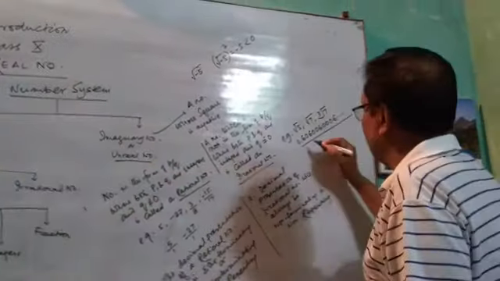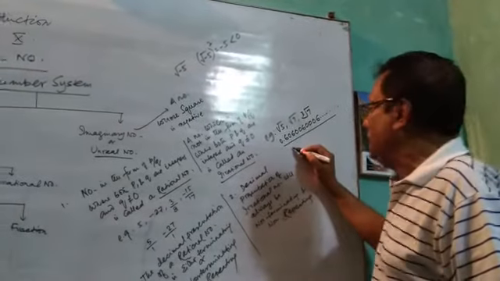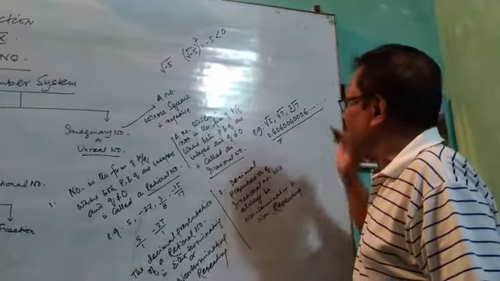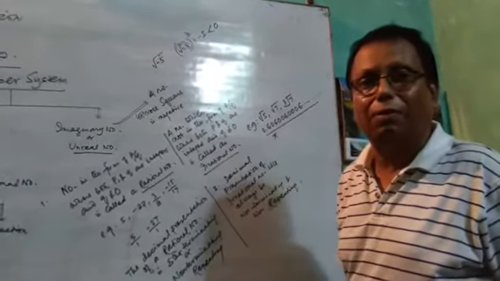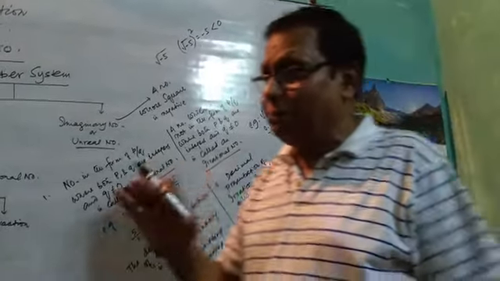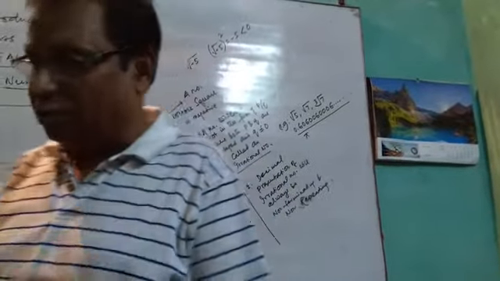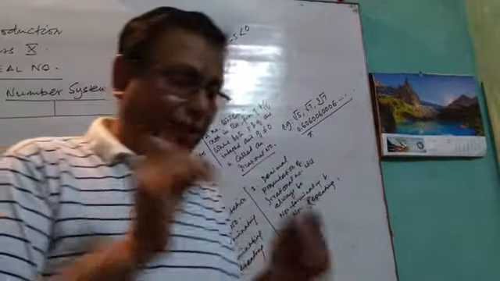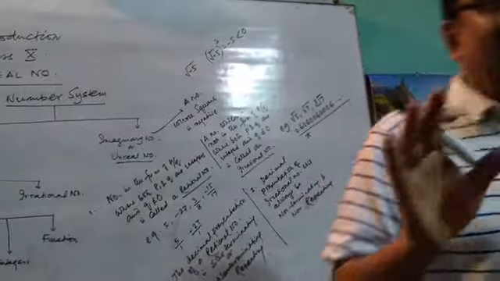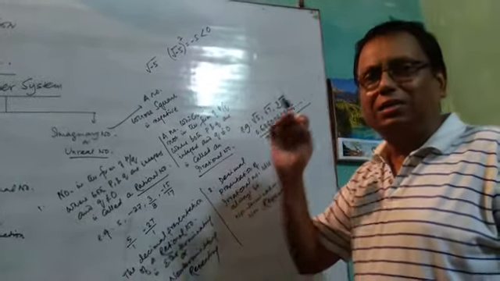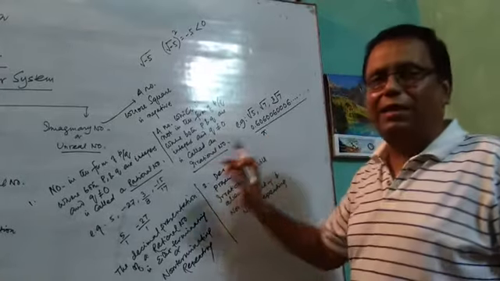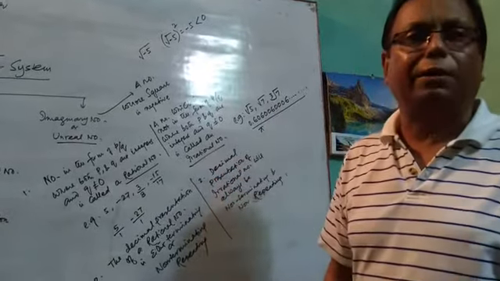Here one more important, interesting thing is that, for example, we write pi. Pi is also an irrational number. Remember, there is a very interesting contradiction here. We say that pi is an irrational number because the exact decimal representation of pi is always non-terminating, non-repeating.